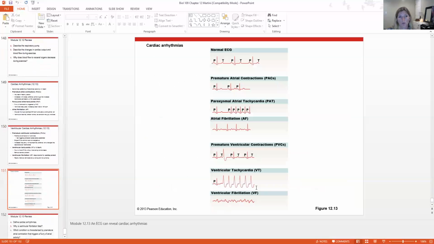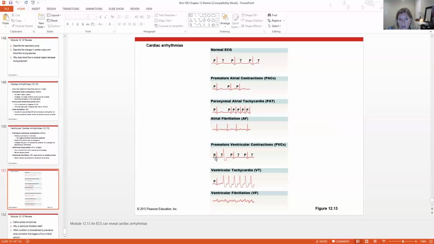This is just showing you some cardiac arrhythmias, your normal EKG, P-wave, QRS, T. Premature atrial contraction: you can see there's like an extra little blip on the P-wave. It happens a little too close to the T-wave. Here, paroxysmal tachycardia, again, very rapid depolarizations. AFib, that atria is fluttering.